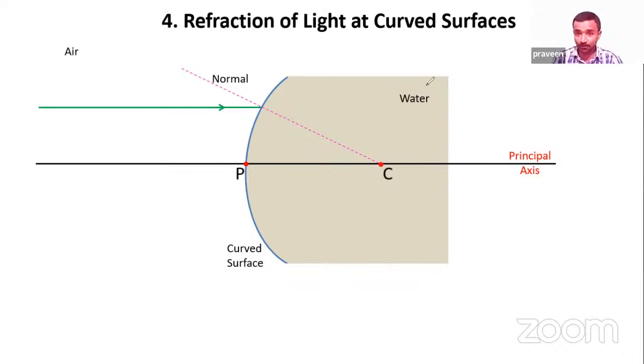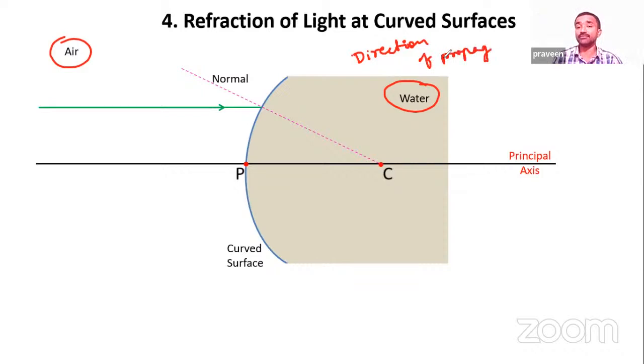I am giving importance only to the mediums and the direction of propagation, from which medium to which medium the light ray is propagating. So the direction of propagation and the medium are important, not the surface. Whatever surface is given to you, use the code RTDT: rarer to denser, towards the normal.